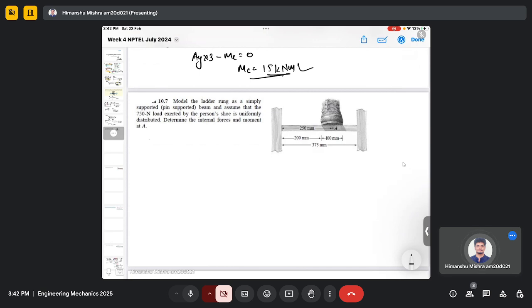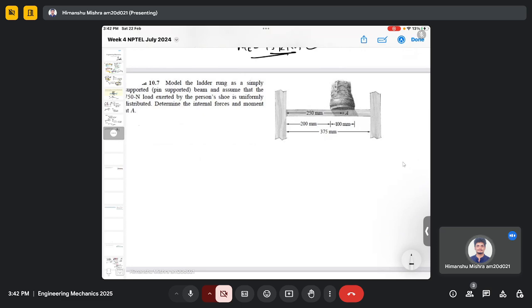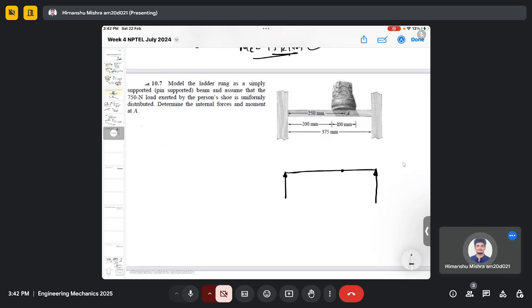Determine the internal forces and moment at point A. So here we have a simply supported beam, and this is my point A, where we have a force of 750 Newton.